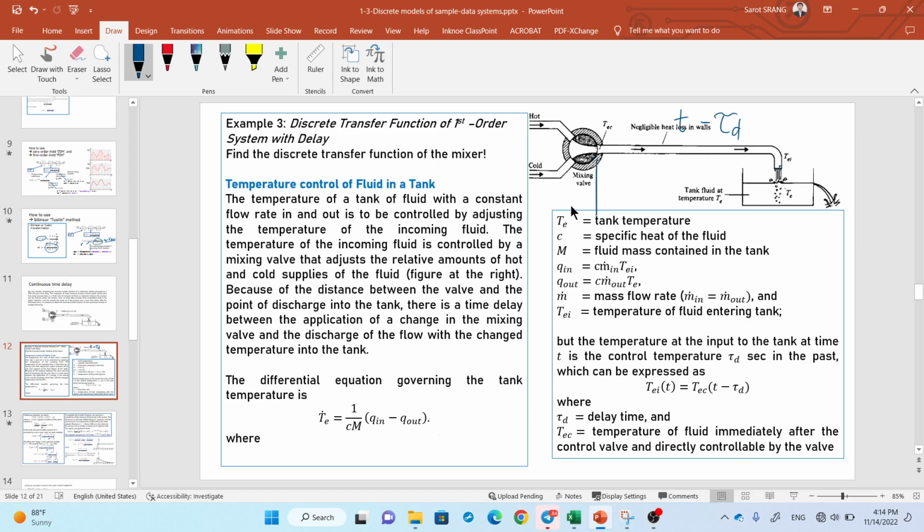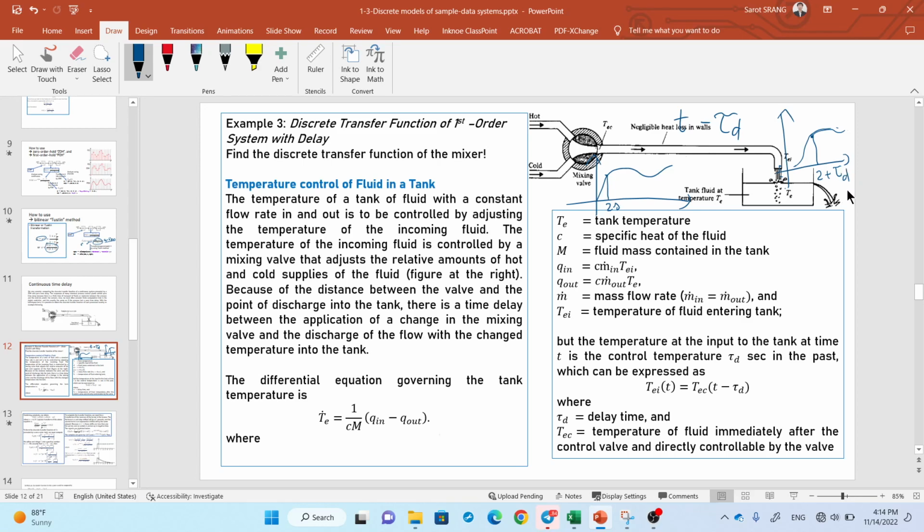Okay, let's say the temperature profile here is like this. So let's say here at 2 seconds, and then I draw the temperature here. Yeah, very similar, right? Very similar. But here, it should be 2 seconds plus tau D, right?